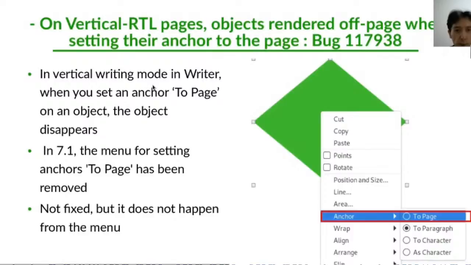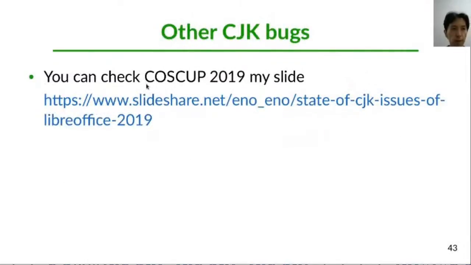But now in 7.1, this menu, the to-page menu, is deleted. The problem is not fixed, but it does not happen from the menu. As for CJK bugs, you can check my slide from two years ago.